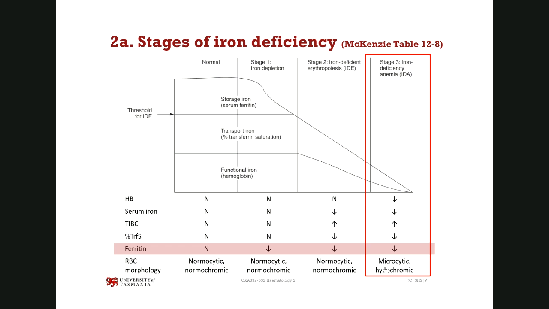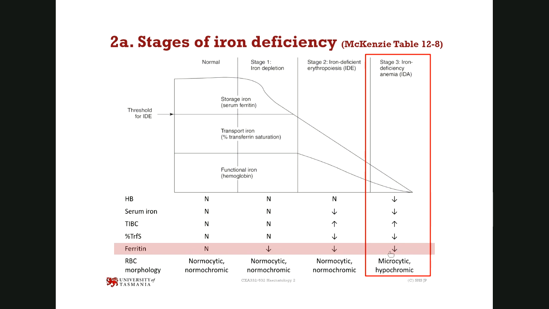And when you have a look here, you can see that hemoglobin is down, our red cells are microcytic hypochromic, and this is where we get our classic iron studies results of a low serum iron, increased total iron binding capacity because they are the inverse of each other, low percent transferrin saturation, and also reduced ferritin.